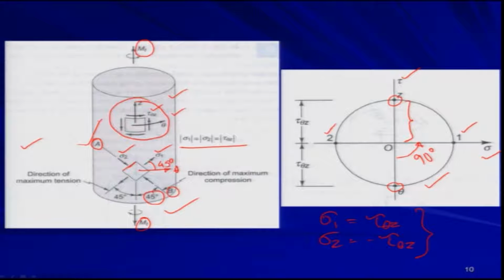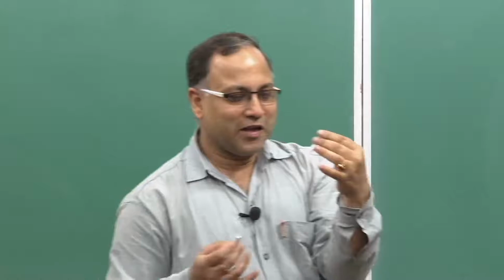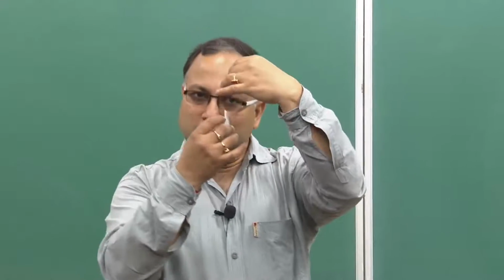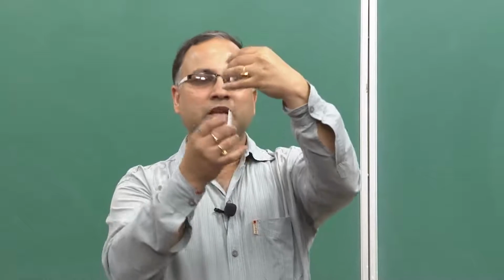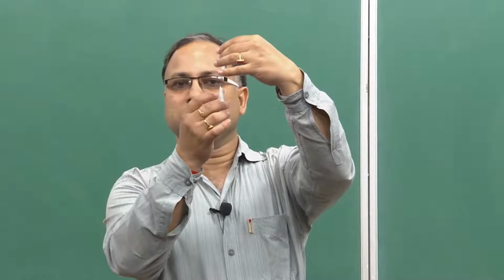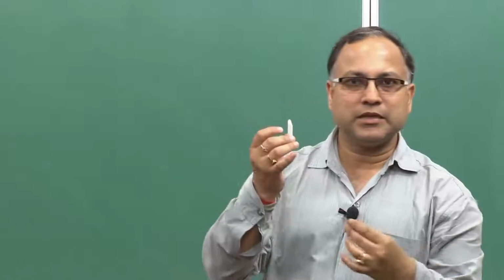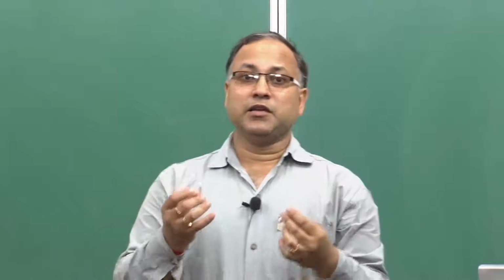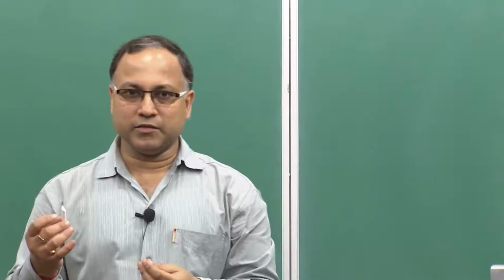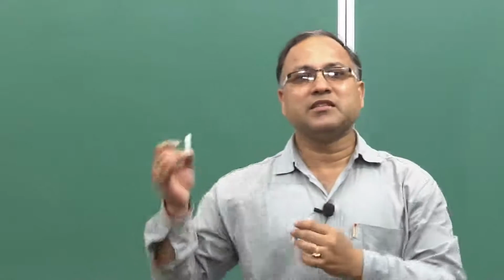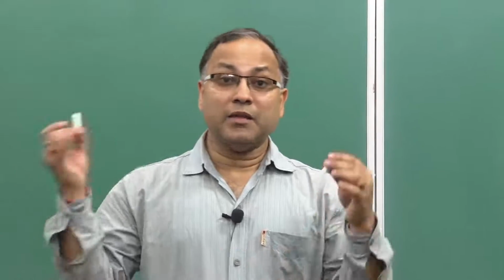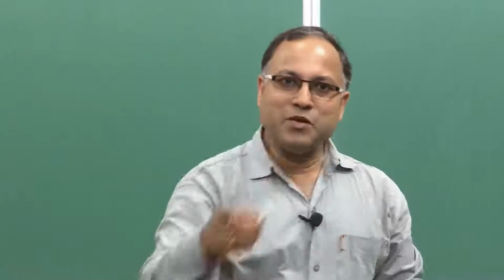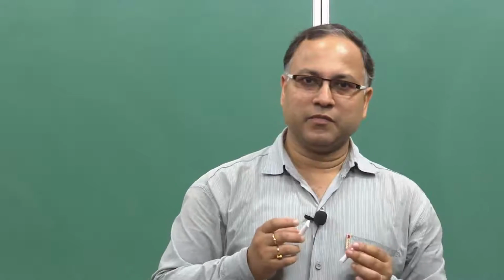Understood? This is a very simple experiment. If you do it several times, giving pure twisting moment, you will always get failure like that. That tells us that because chalk is weak in tension, you must expect the failure where the maximum tensile stress is acting, and the maximum tensile stress is acting on this plane, because this plane is nothing but the AB plane, as I showed in the figure.